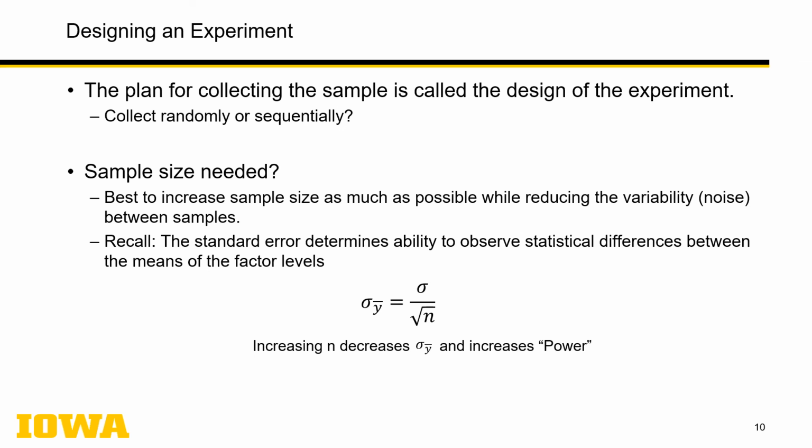So you can see just off that simple equation that if you increase n, you're going to increase the number in your denominator, and therefore you're going to decrease the standard error, and that increases the power, your ability to distinguish one population mean from another population mean. Now this whole idea of power and how you compute it was discussed already and takes more sophisticated software than Excel has to calculate.